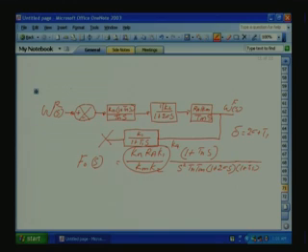Then the final transfer function, that is the open loop gain F0(S), will be equal to K4 into (1 plus Tn s) divided by S square Tn Tm into (1 plus delta S).